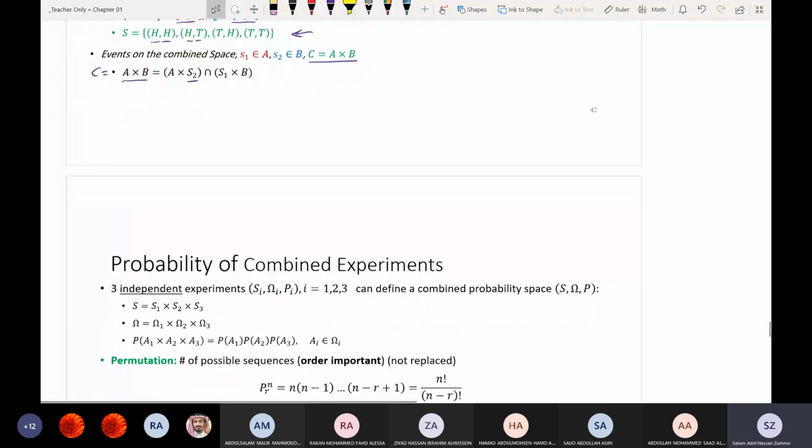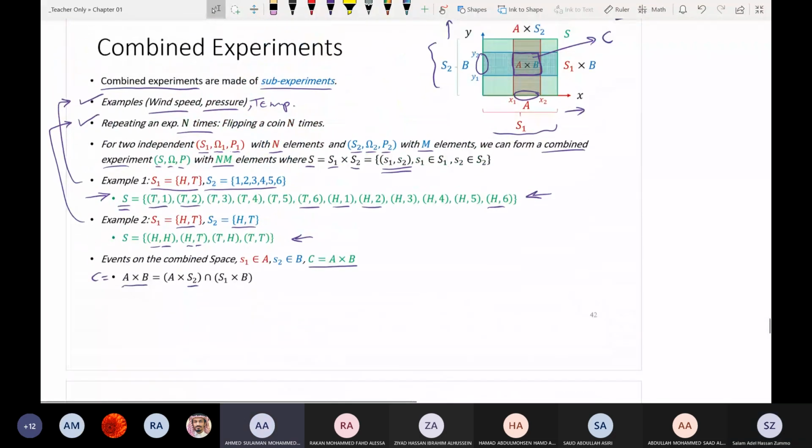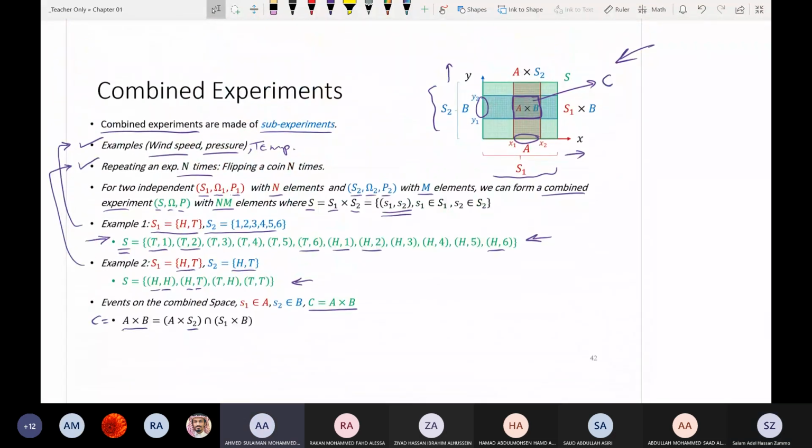Doctor, is there a probability of a combined experiment with two independent events, such as this example? Is there another example where they are dependent on each other? Of course. For example, the weather forecast: usually the temperature or the pressure or wind speed are related to each other.